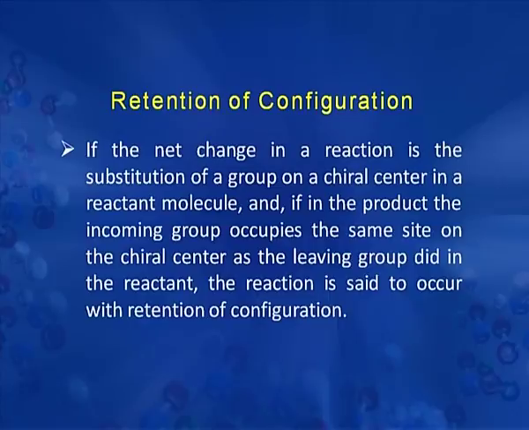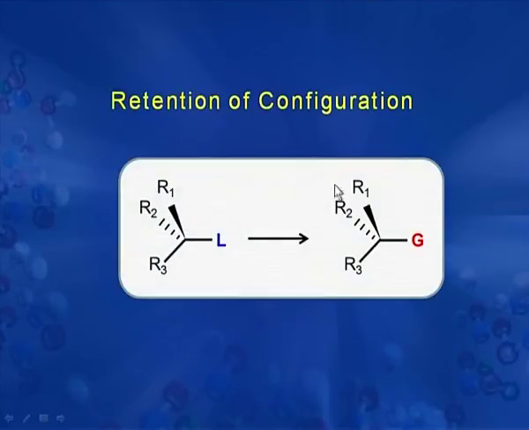We can see it with the help of this structure. Say this L represents a leaving group, some reaction is carried out, but this group that has come occupies the same position and the position for all other 3 groups remains the same. Then we say that in such a reaction, configuration has been retained.